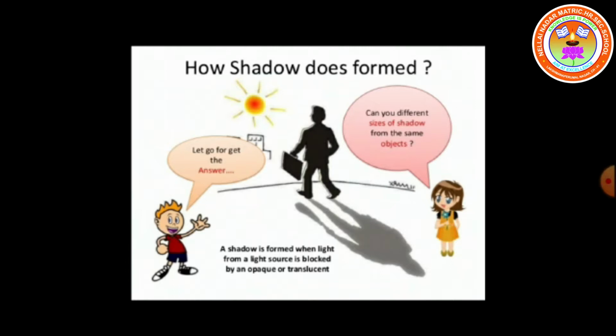That's why we see shadows. Did you understand, students? A shadow is always on the opposite side of the light source. It is caused by opaque objects that stop light from propagating.